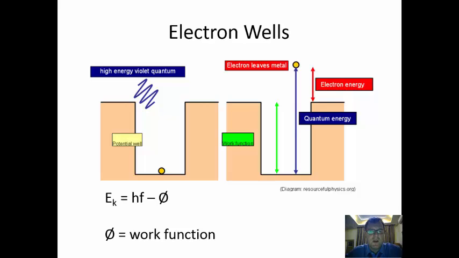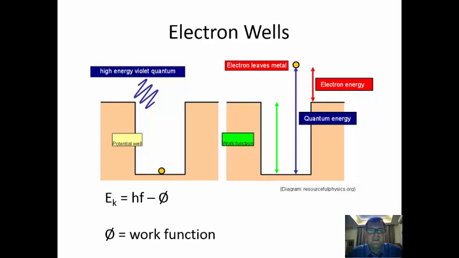Now this electron must have enough energy to escape the well, and that, which we see in the green, is known as the work function. Beyond that, any additional energy goes to the kinetic energy of the electron after it's been ejected.